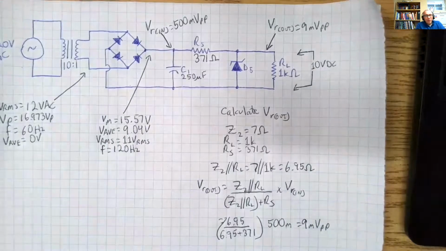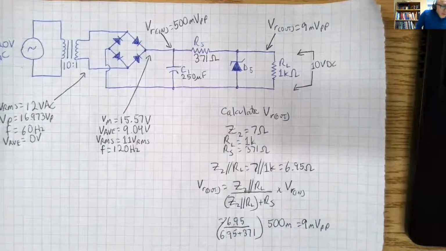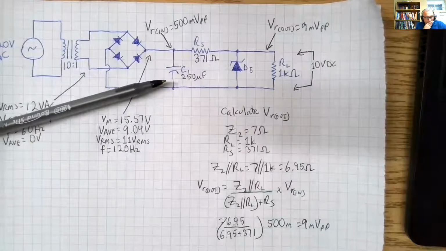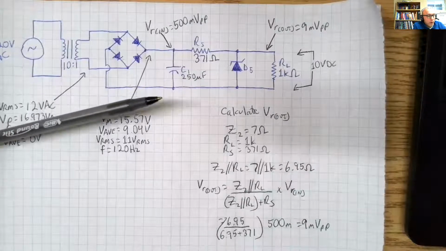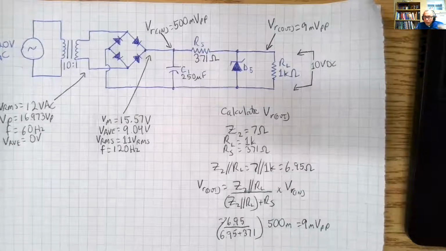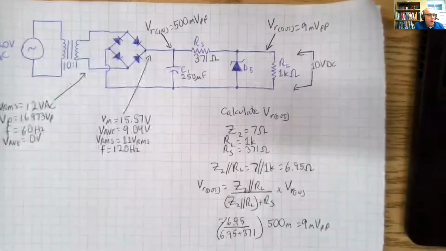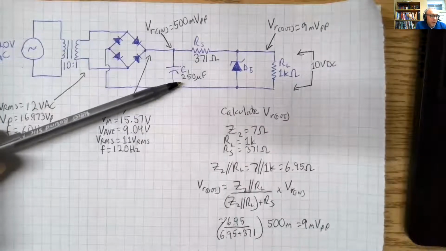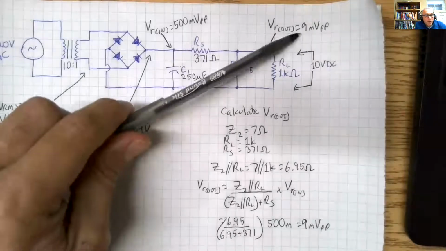Now, if you wanted to make it even cleaner, then you could play around with the resistor values, redo the calculations. You could maybe put a bigger capacitor here, depending on how big you want to get. If you wanted half the ripple, you would double the input capacitor, which would make this smaller.